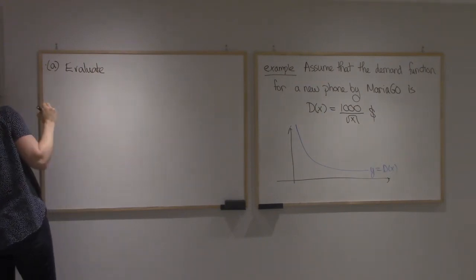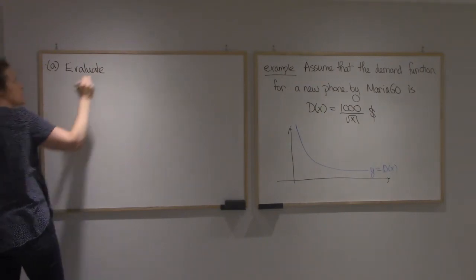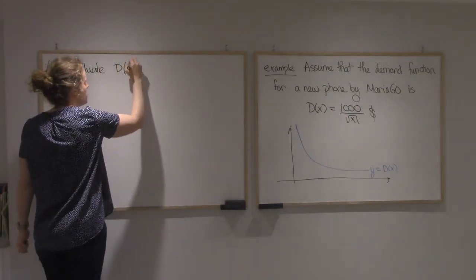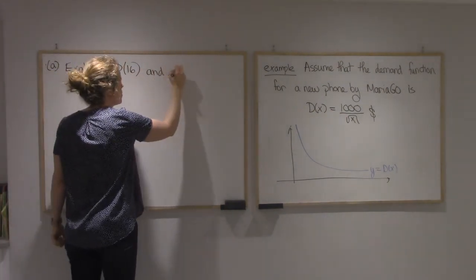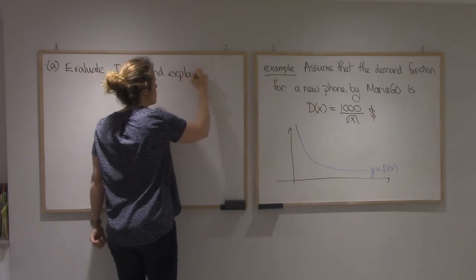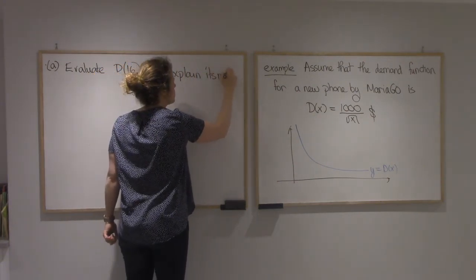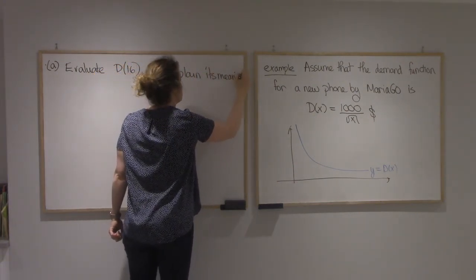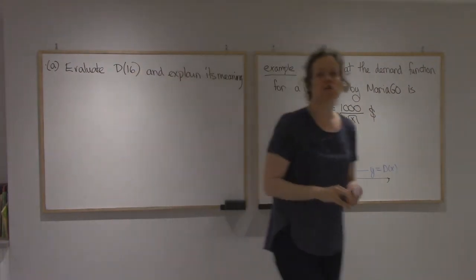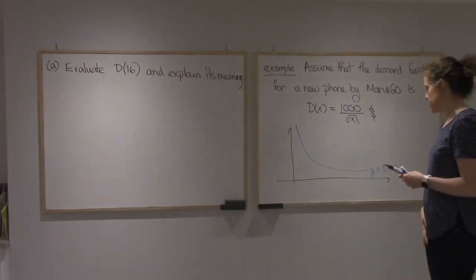So we want to evaluate D of 16, and look at this situation and try to figure out what this value tells us.